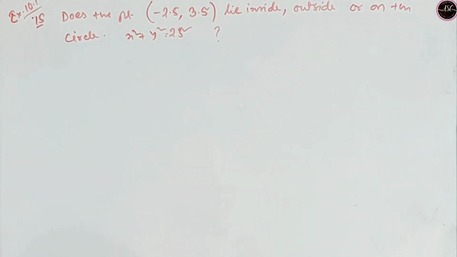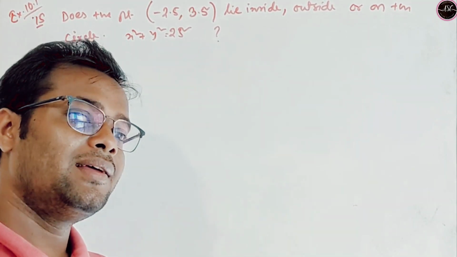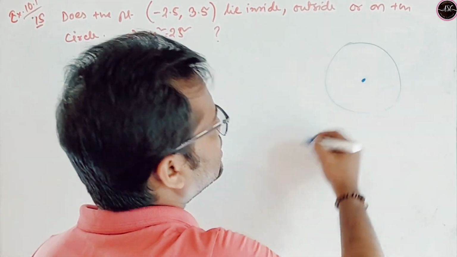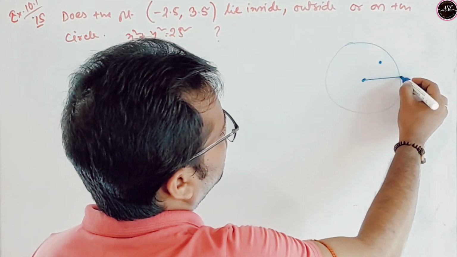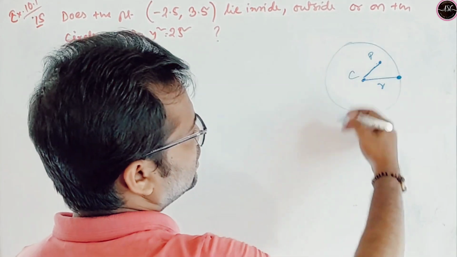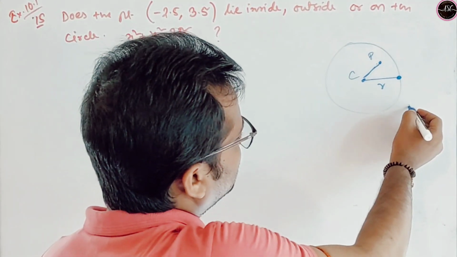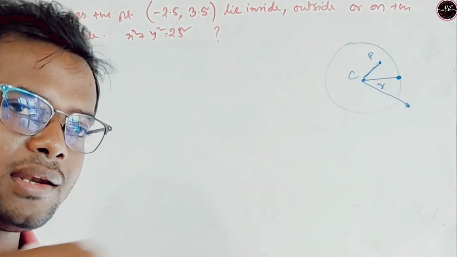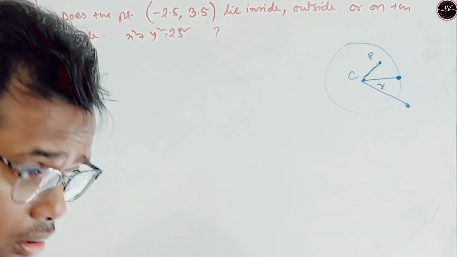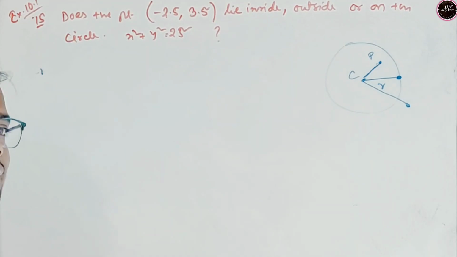If the point is inside the circle, with center and radius r, then the distance between the center and the point P will be less than the radius. And if it is outside the circle, then this distance should be greater than the radius. In this way we should find whether the point is on, inside or outside the circle.